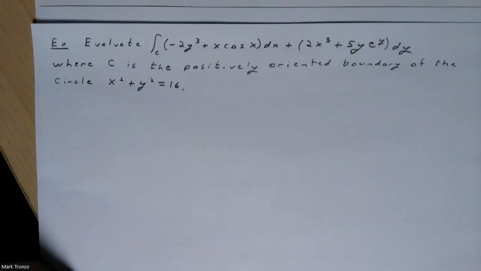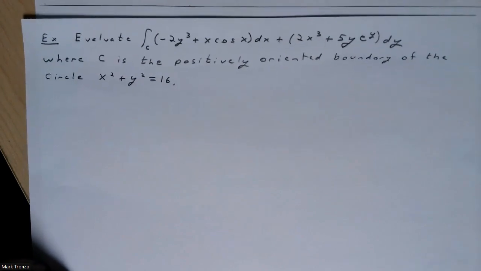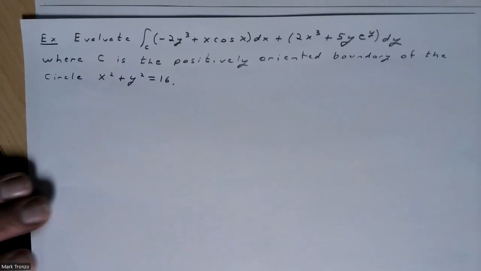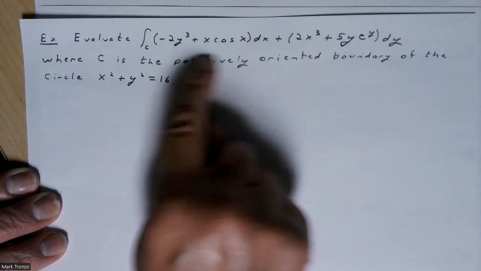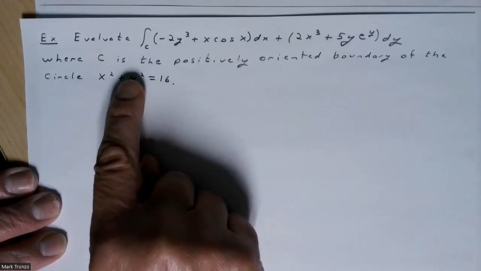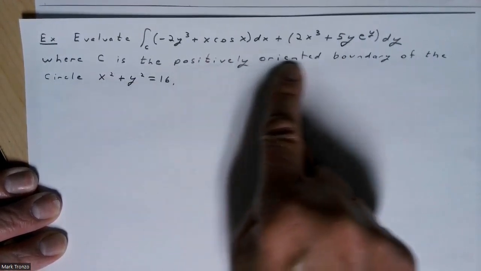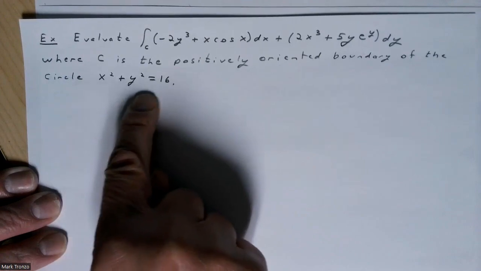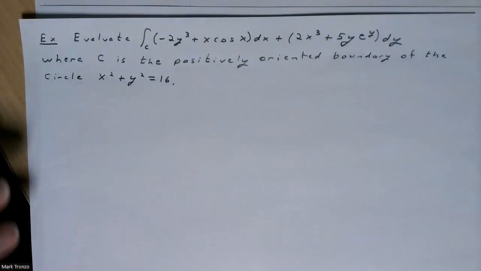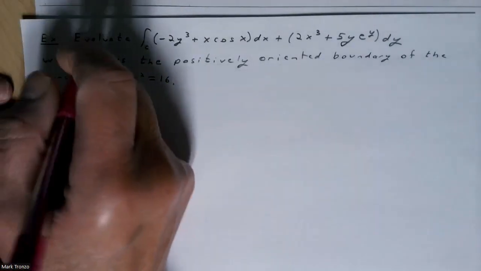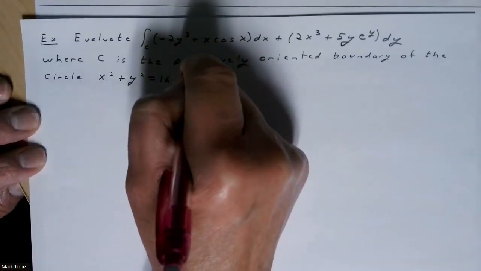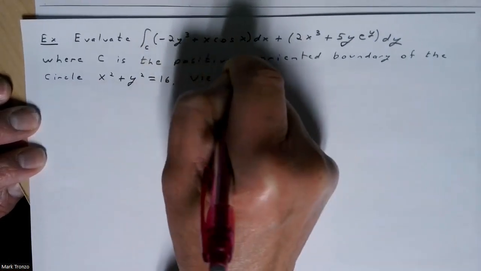Next, let's take a look at this example here. We're asked to, once again, evaluate this line integral. And the curve C is positively oriented boundary of the circle x squared plus y squared is 16. So again, we're going to use Green's.